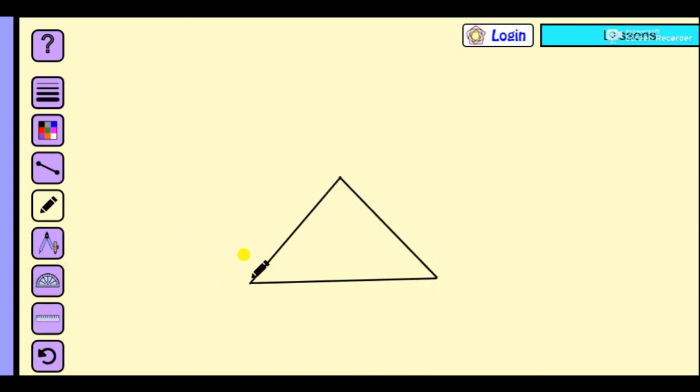Now remove the scale. So it is the triangle ABC. Now how can we find the medians?